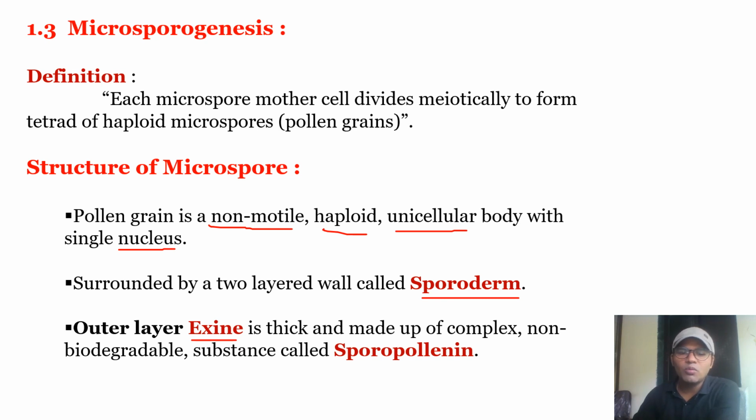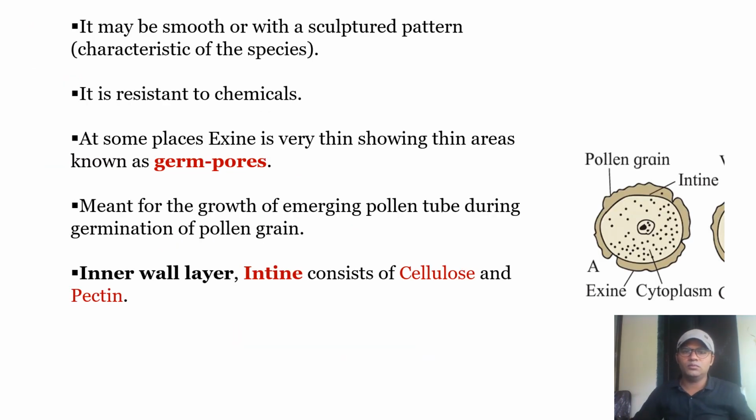This outermost exine is thick and made up of a complex non-biodegradable substance called sporopollenin. In some pollen grains it may be smooth or with a sculptured pattern. It depends on the characteristics of that species.